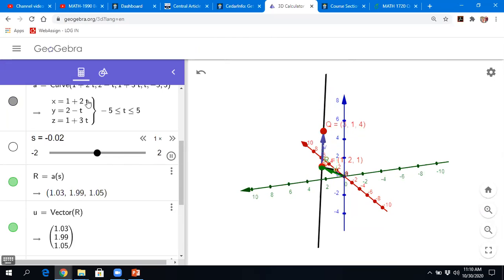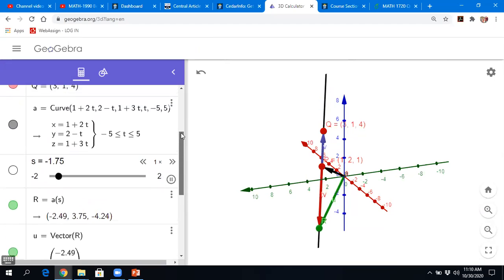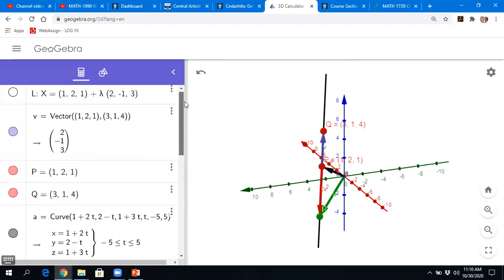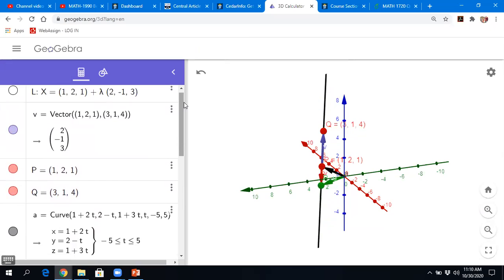So do you see this right here? Here's the parametric equations of that. You can see why that happens to be the case, because if X, Y, Z is equal to 1, 2, 1, right, which is P thought of as a vector, plus any multiple of the direction vector, 2, -1, 3.